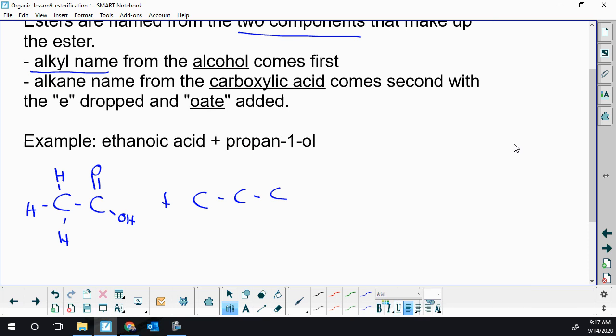And you're going to find in this course, we don't deal with branches that come off middles. Okay? So you're going to see all the alcohols that you're asked to make esters with are going to be primary alcohols where the OH is on the end.